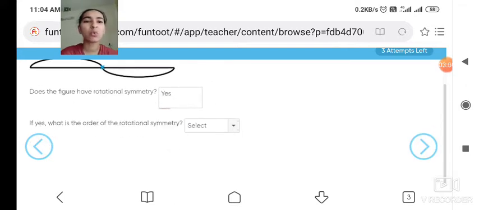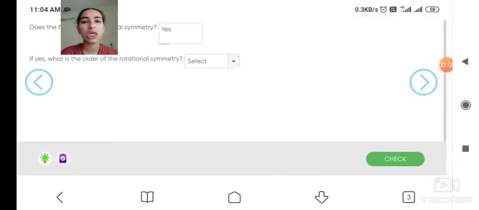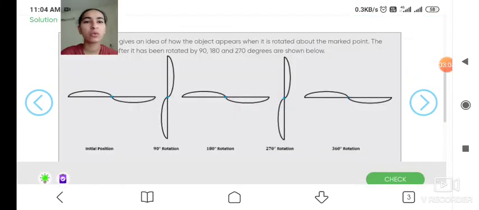Now if yes, what is the order of symmetry? Okay, now see, I have rotated this first figure. If I rotate by 90 degrees, it is a vertical figure. If I rotate it 180 degrees, then the second figure you will get looks exactly like the first one, and at 360 degrees also it looks exactly like the first figure.